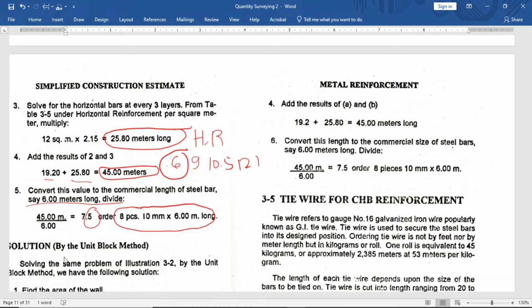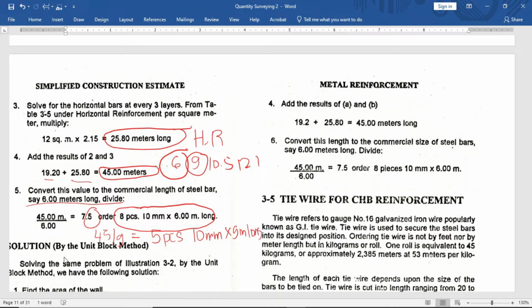So, how about naman pag 9 meters yung bibilhin natin? 45 divided by 9 is equal to 5. So, 5 pieces na 10 mm by 9 meters long.